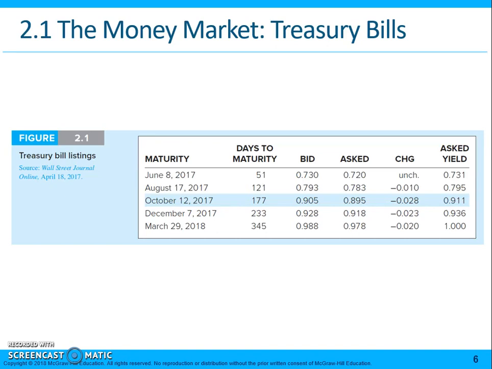The ask is 0.895. Not really concerned with the change. And then the ask yield or yield to maturity, again the bond equivalent yield as well, is 0.911 or 0.91%.